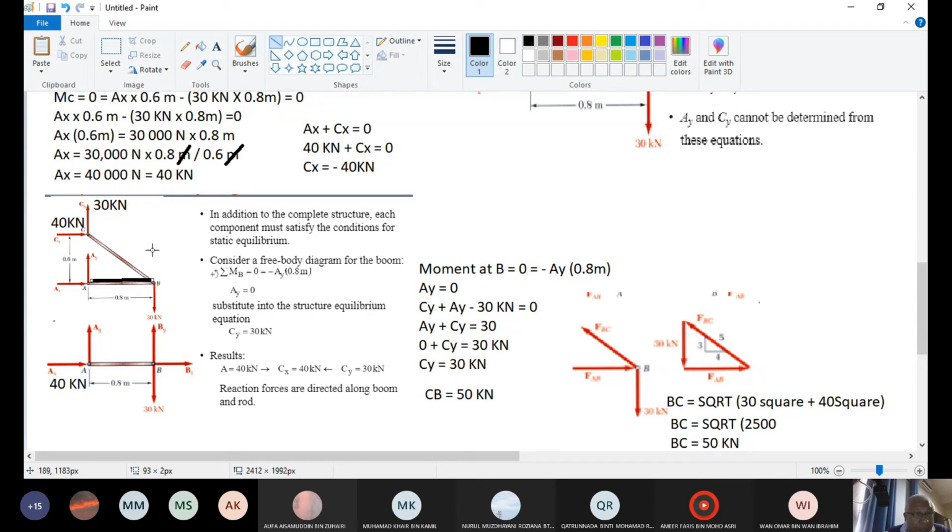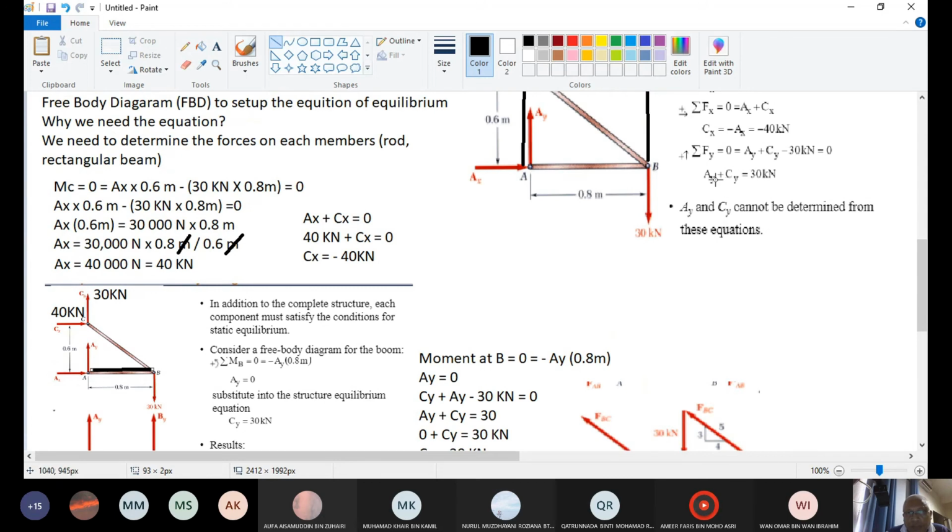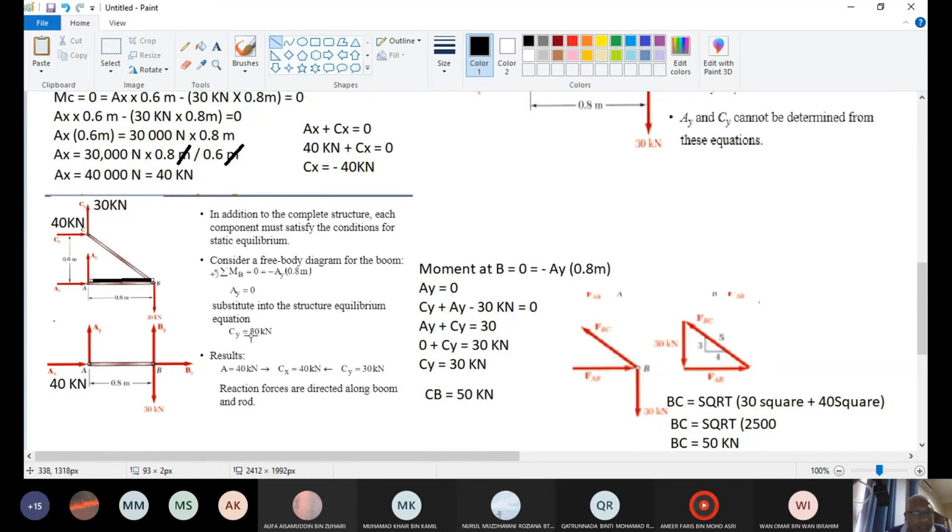So AY at B is minus because it's clockwise, AY times 0.8. You solve it, AY becomes 0. When AY becomes 0, we can solve this equation. AY becomes 0, CY is 30. So now you have all the forces.